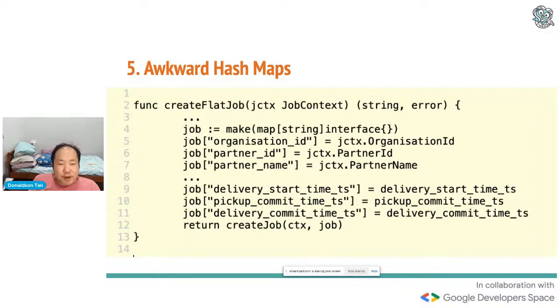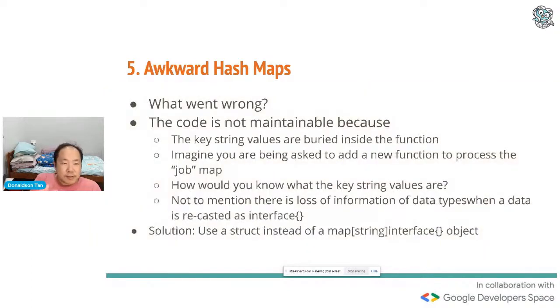A lot of people use this shortcut where they make a map with a key of type string and a data type of interface, so they can put any data in. It's very convenient, they put in fields. But this kind of code is not maintainable, because the key string values are buried inside the function.